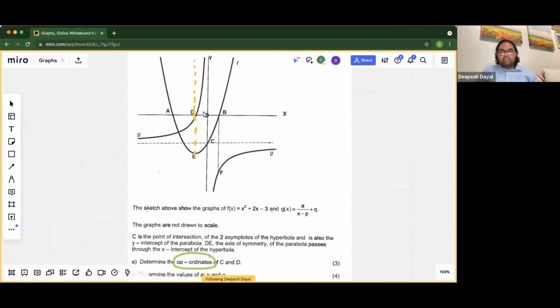So coordinates, they want X and a Y. C is 0 and minus 3.